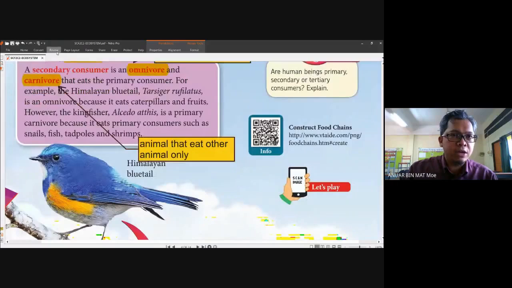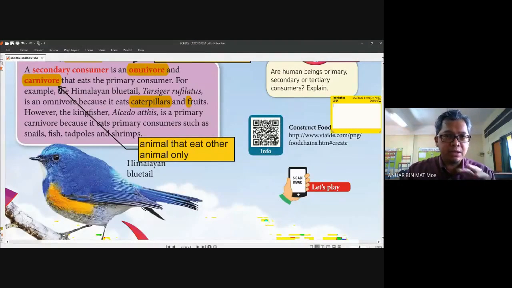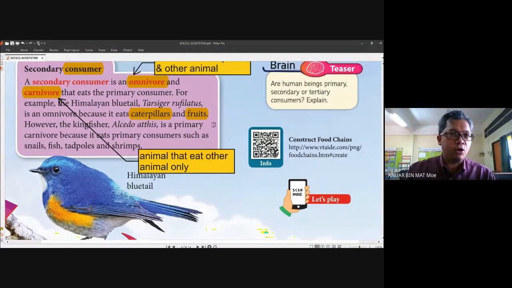It is omnivore because it eats caterpillar and fruit. Caterpillar is the type of animal, and then fruit is the producer, right? Fruit from the plant. So we call it omnivore.